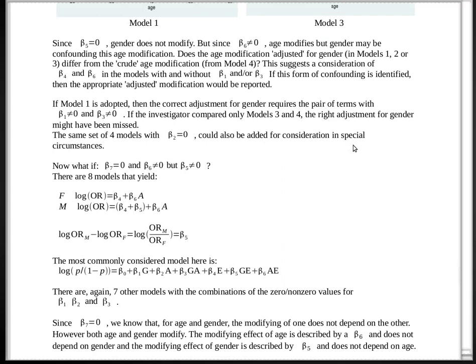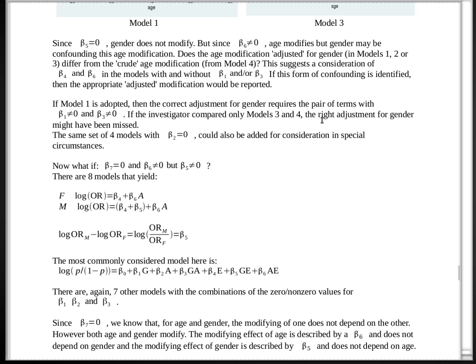How about the last circumstance, and that is where beta 7 is 0, but both beta 6 and beta 5 are non-zero. So what have we done so far? We've looked at beta 7 is 0, but beta 5 is non-zero and beta 6 is 0, and the other way around. But we could have a circumstance in which both beta 6 and beta 5 are non-zero, even though beta 7 is 0.